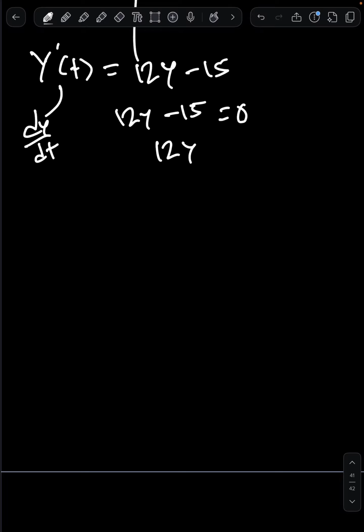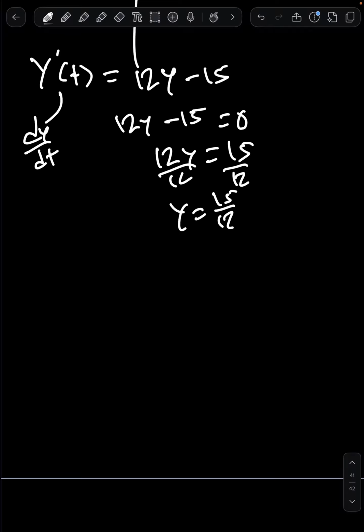Adding 15 to both sides and dividing by 12 gives us y equals 15 over 12, but we can simplify this to 5 over 4 by dividing both the numerator and the denominator by 3. Now we have 5 over 4. This is our equilibrium solution.